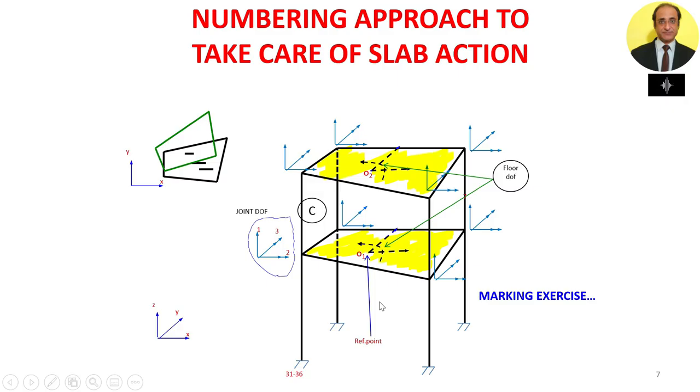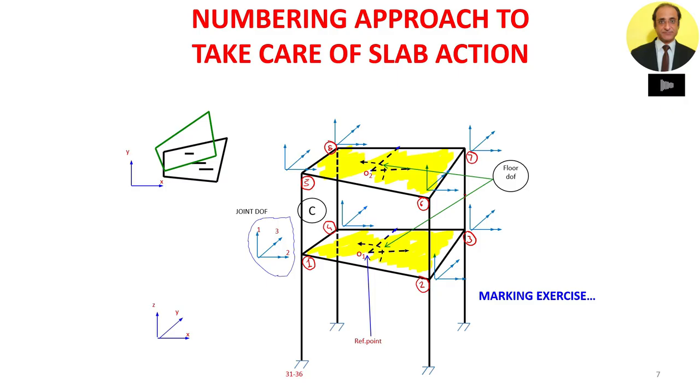So let's do a marking exercise. Let's say we are numbering the joints as 1, 2, 3 and 4 for the first floor, and for the second floor we begin the numbering from 5, 6, 7 and 8.